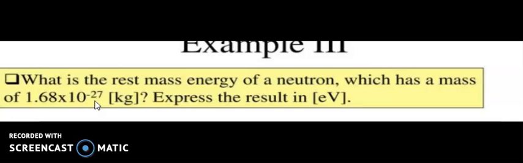Of course, it is still the same thing that we did using our formula E is equal to mc squared. So let's see how to do that. You can pause the video and try doing it yourself.